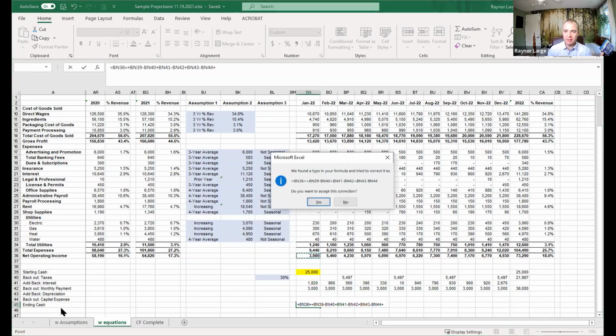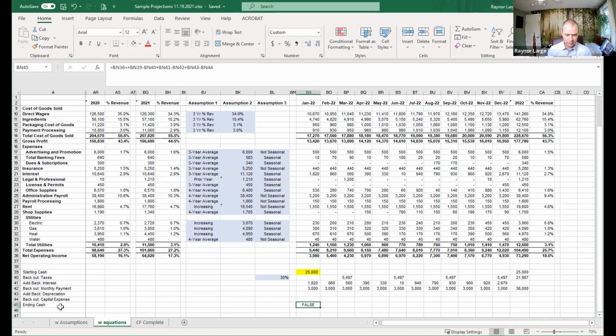So I started with 25,000. My business made almost 4,000. Of that, I had to pay out 3,000.